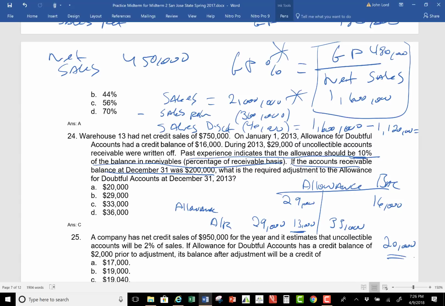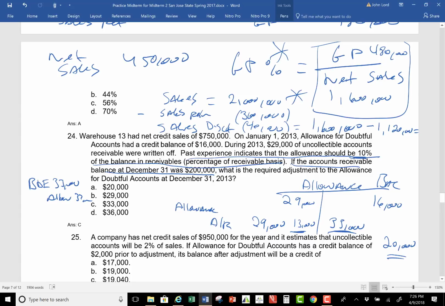Right? So I debit bad debt expense for 33,000 and I credit the allowance for 33,000. Which you just saw right there? That credit right there? So the answer is what?